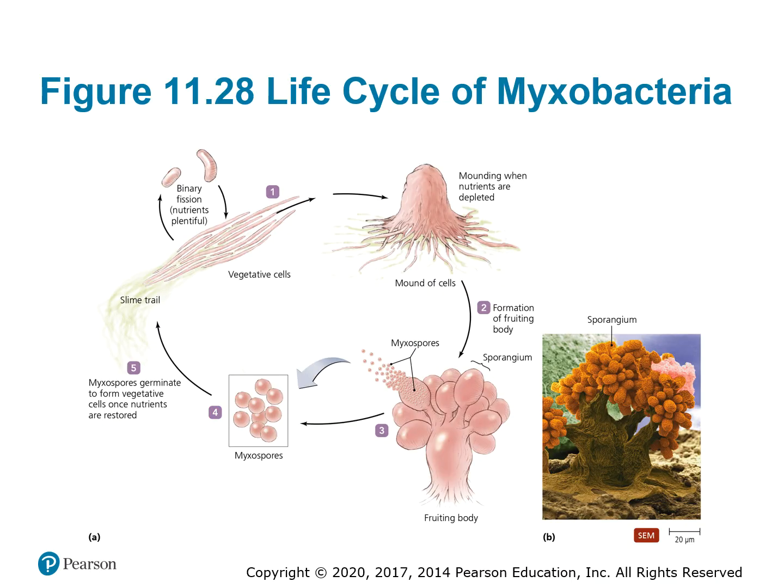This one is showing you the life cycle of Myxobacteria. So Myxobacteria are bacteria that infect fungi. Right. So anytime you see MYX, or MYC, either one of those usually tells you that it has to do with a fungus.